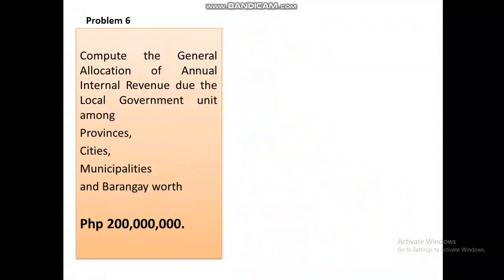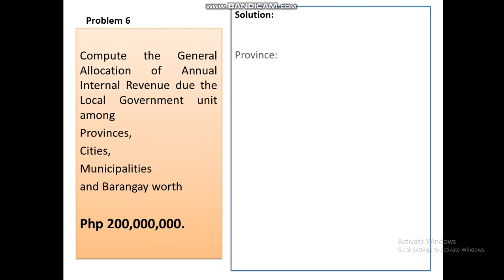And how about this one, problem 6? Compute the general allocation of the annual internal revenue due to the local government unit among provinces, cities, and municipalities and barangay worth 200 million. Be reminded that the province has 23%, cities 23%, municipalities 34%, and the barangay is 20%. So this is the computation. For province, 200 million times 23% is equivalent to 46 million.